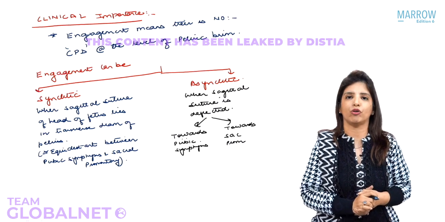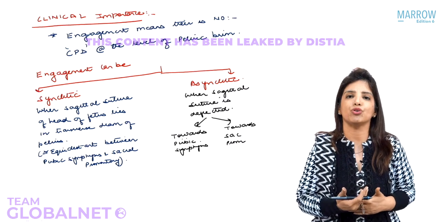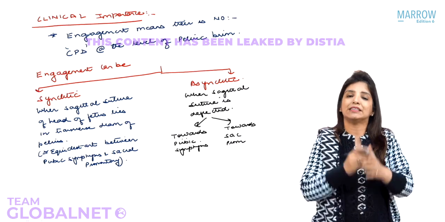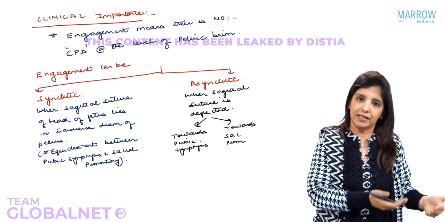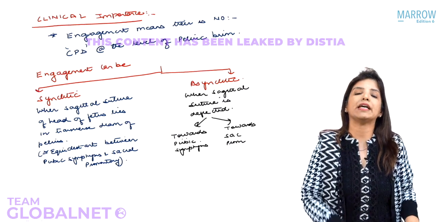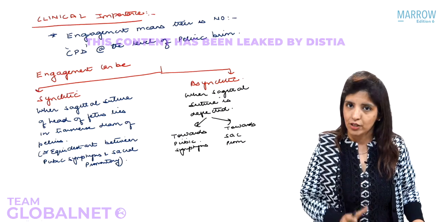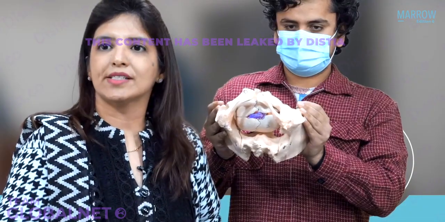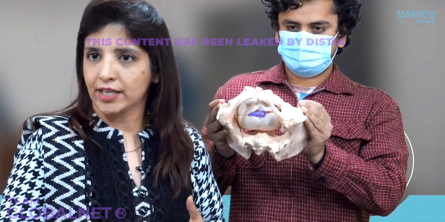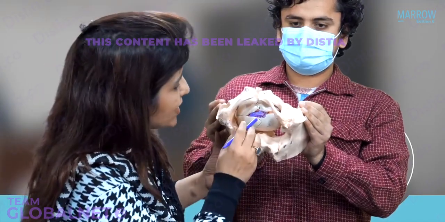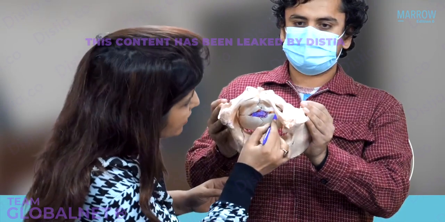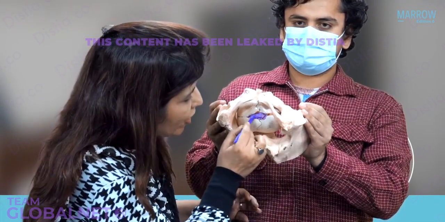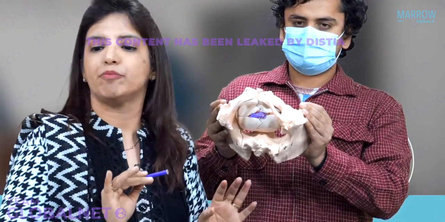If this is clear to all of you, now let me introduce one more term, and that is about this engagement which we are talking about. It can be synclitic or asynclitic engagement. Now, in order to understand synclitic and asynclitic engagement, first I want you to see, I told you that the most common position is LOT, and here you can see that I have put the fetus in LOT position.